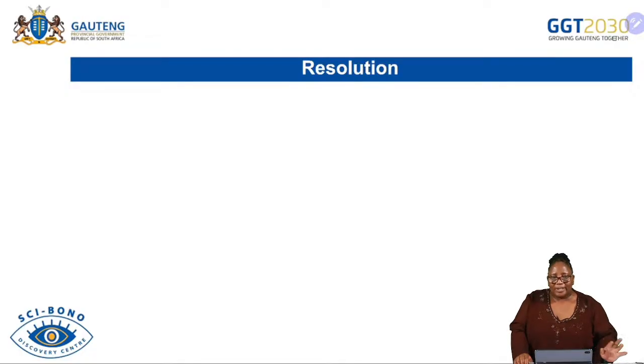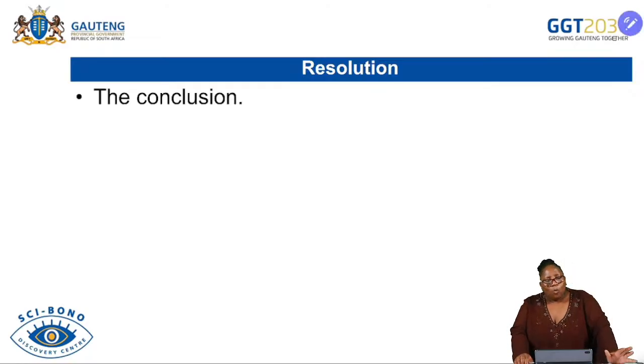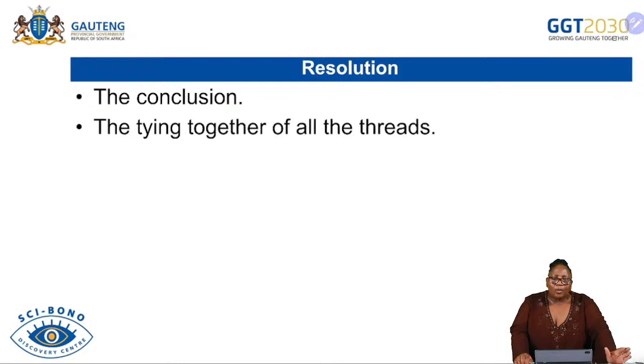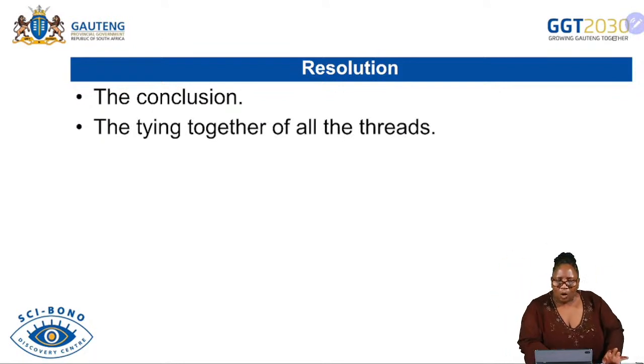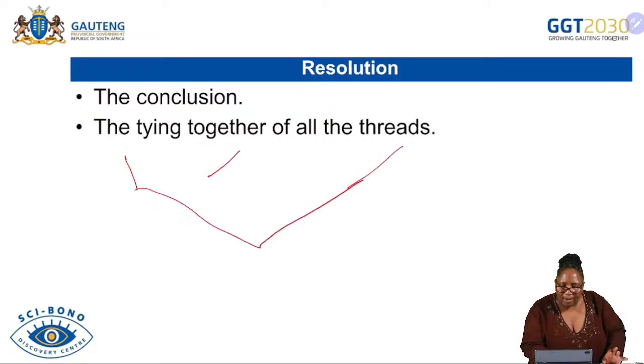So resolution. What is resolution? It is the conclusion. How all these threads come together. One story here, one story there, the other story here, and they all come to a conclusion.